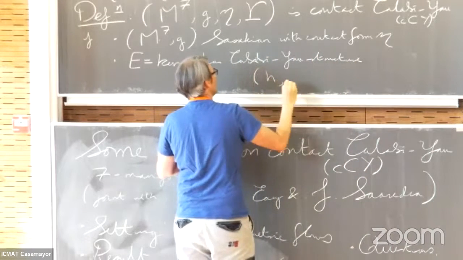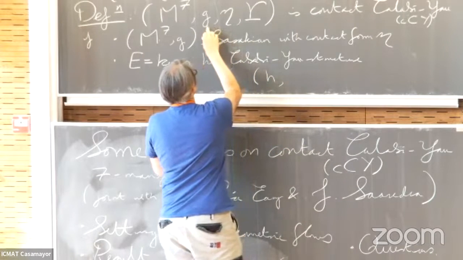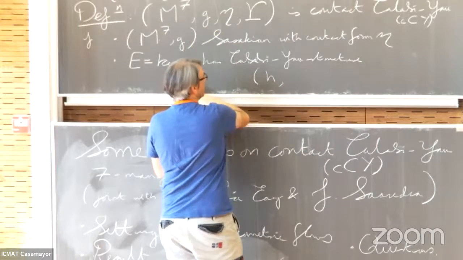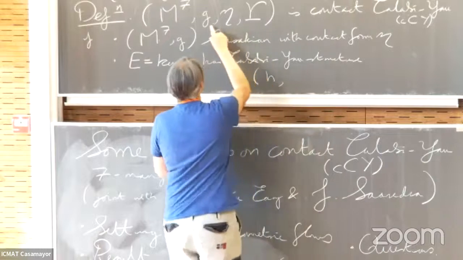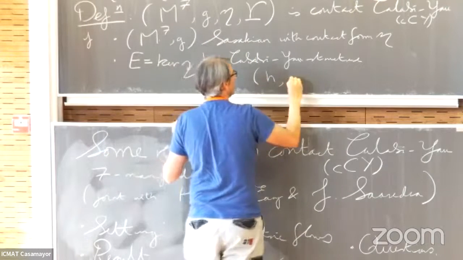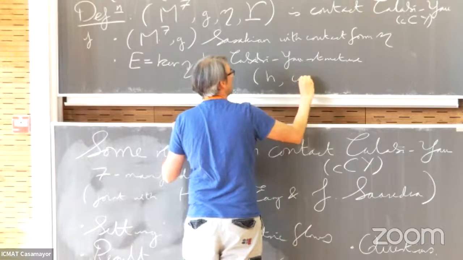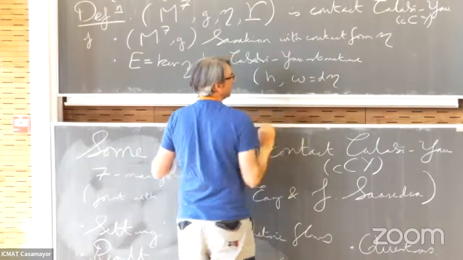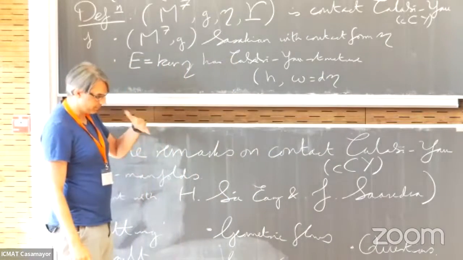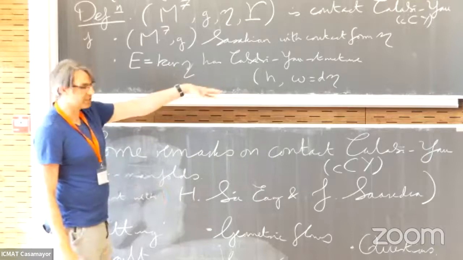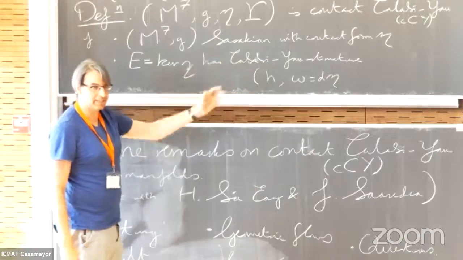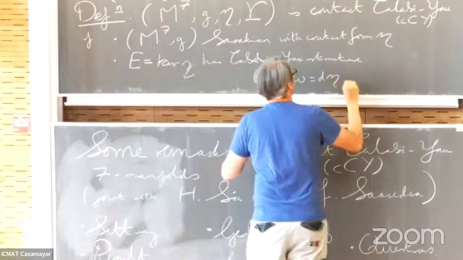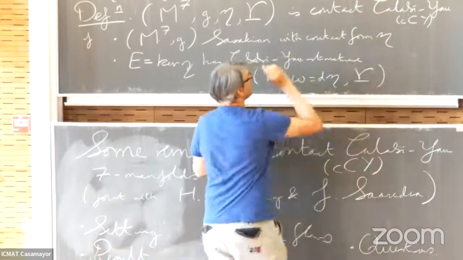What's the structure going to be? It's going to be h, which is just the restriction of g to E, so the metric restricted to this distribution. Omega will be d eta, and that indeed will be non-degenerate and closed because of the contact condition. And then our epsilon.